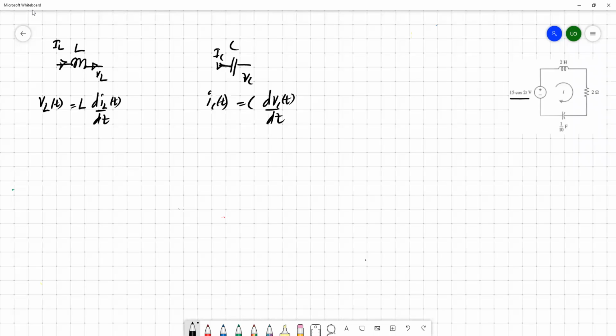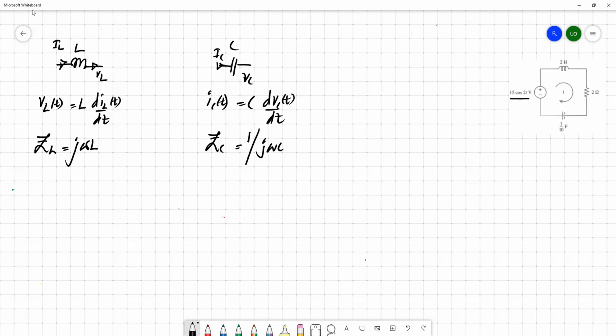Then we found that for the inductor, the impedance is j omega L. Similarly for the capacitor, the impedance is 1 over j omega C.